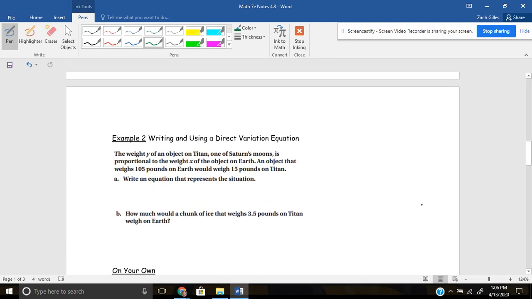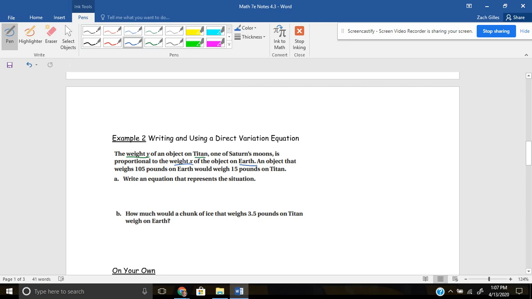All right, here is another example, and in this case, they're using mainly a word problem to describe this. It says the weight y of an object on Titan, one of Saturn's moons, is proportional to the weight x of an object on Earth.